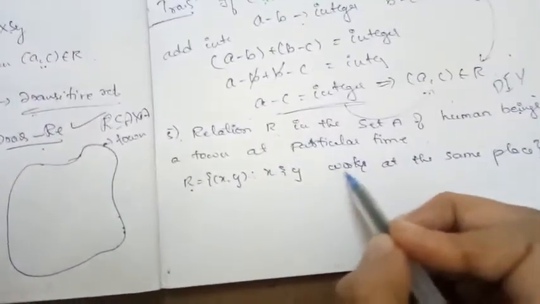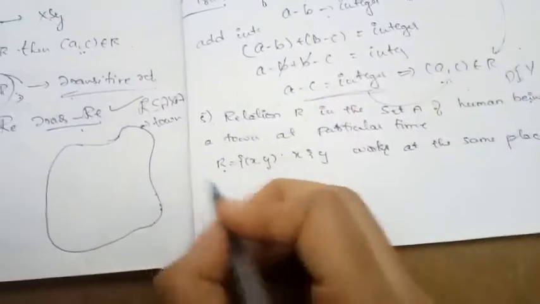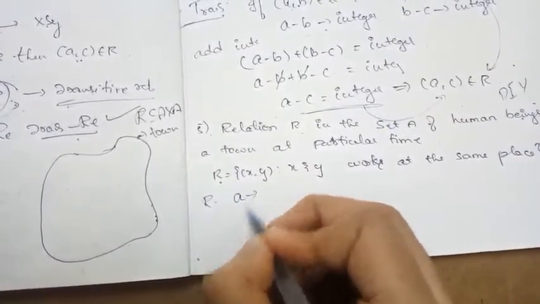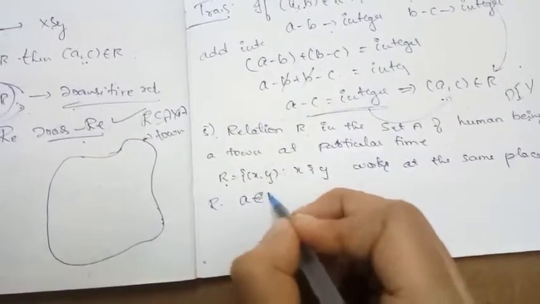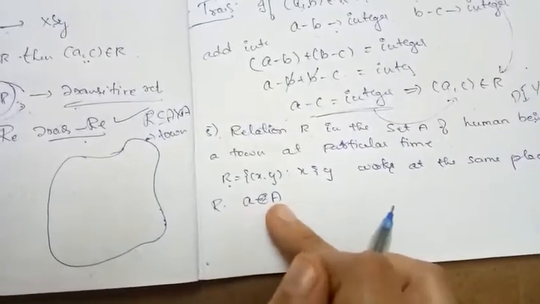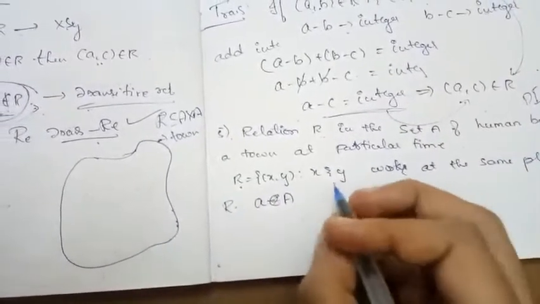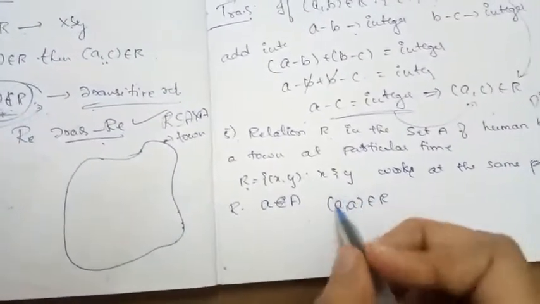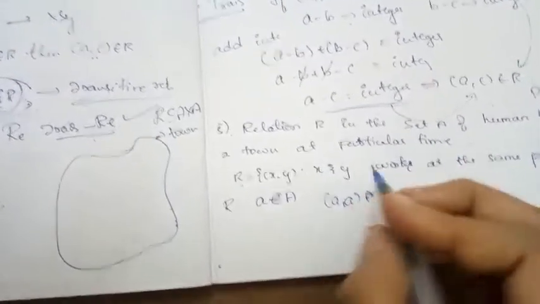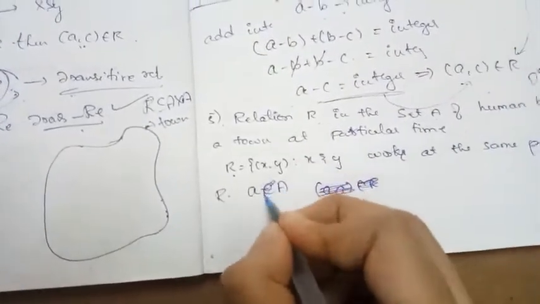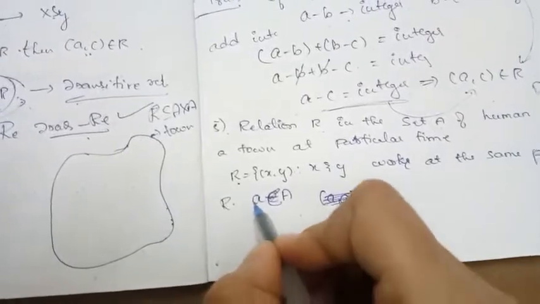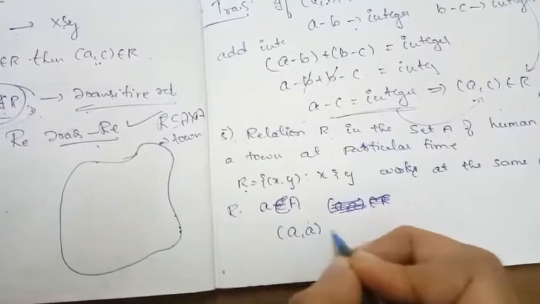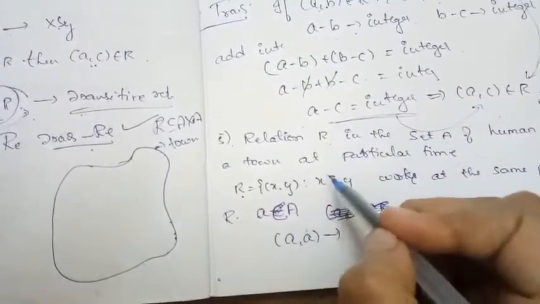(x, y) such that x and y work at the same place. So, reflexive relation. If I consider a person called a, let a be one person. If a belongs to A, it means a is a human being present in that town A. So (a, a) belongs to R. What does (a, a) tell us according to this relation?